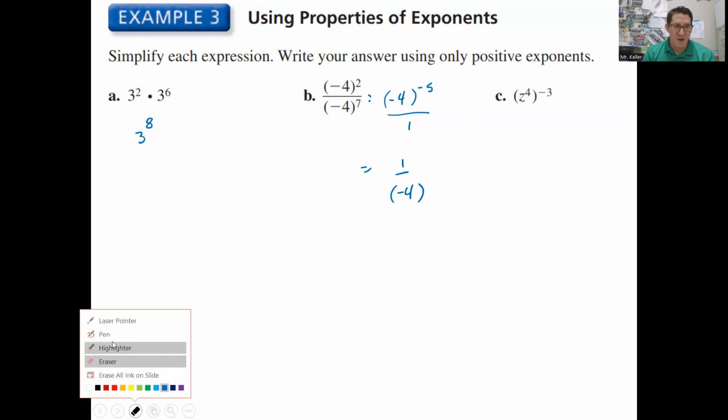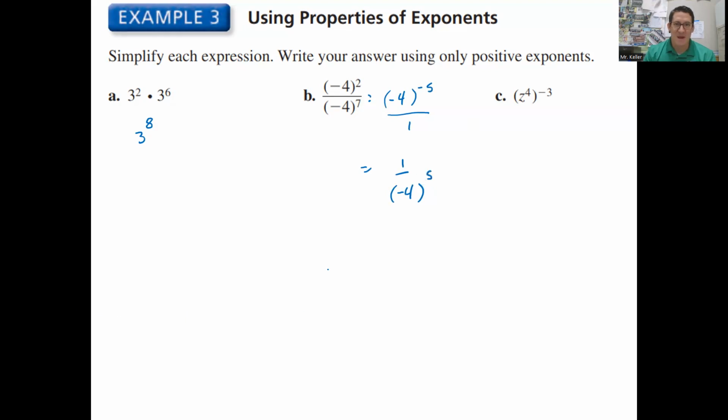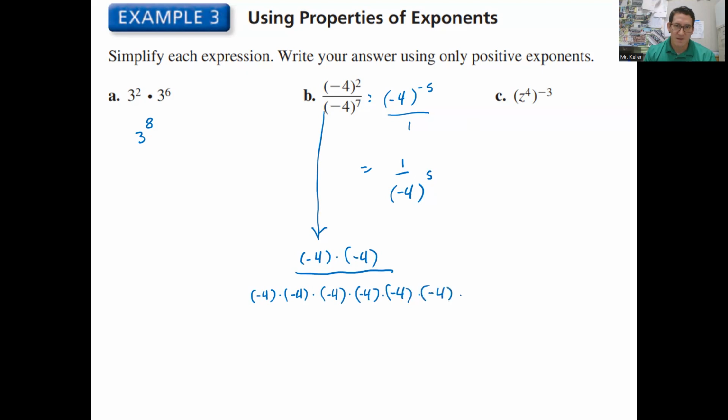The other way to think about that is, sometimes I like to think about it expanding. So if I had -4 squared up here, that's going to be times -4 over -4 to the 7th. 1, 2, 3, 4, 5, 6, 7. 2 on the bottom will cancel out 2 on top.